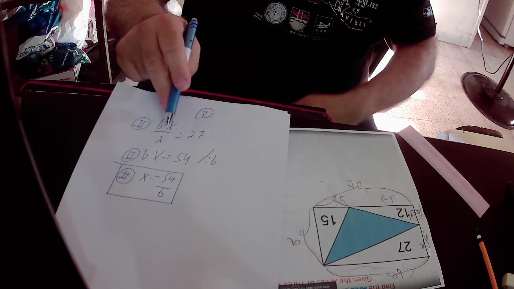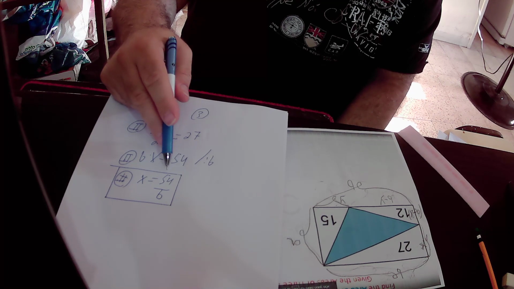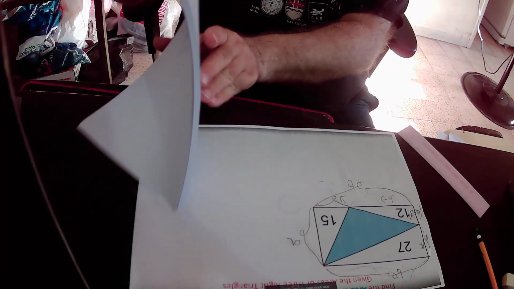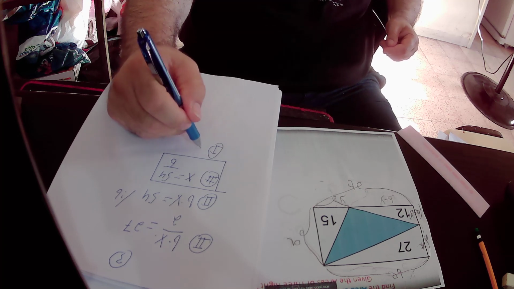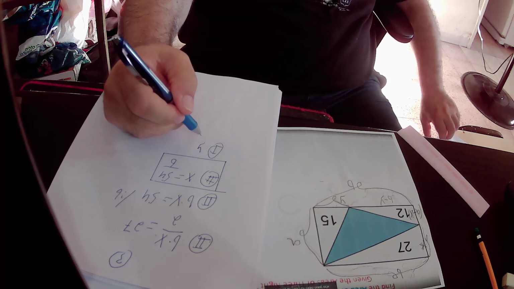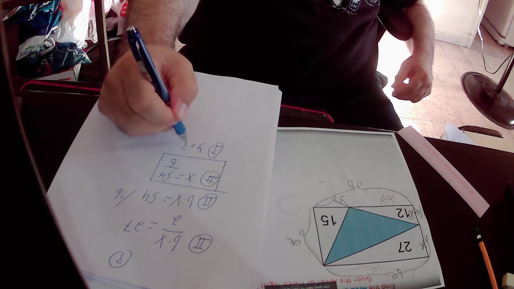So after we divided both sides of the equation by b, we got that x equals 54 over b, and we already know from the first equation that y equals 30 over a.